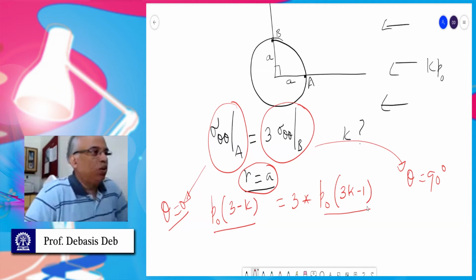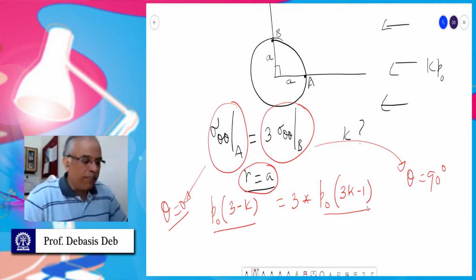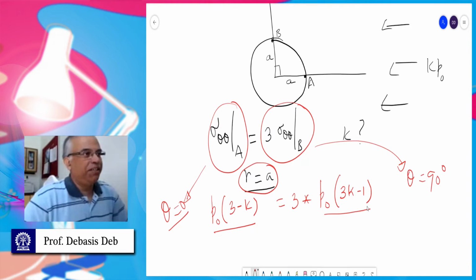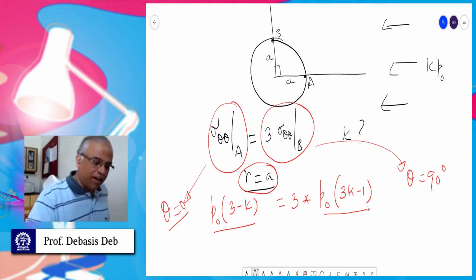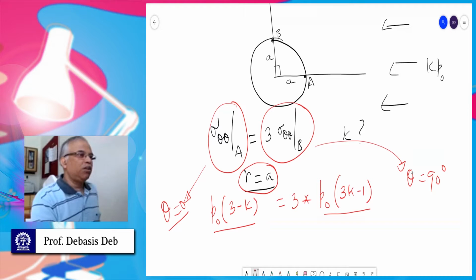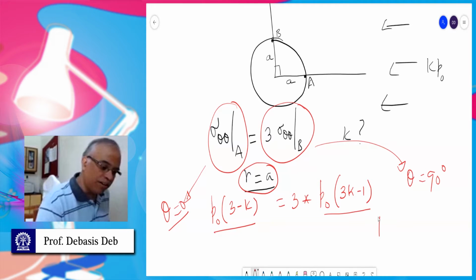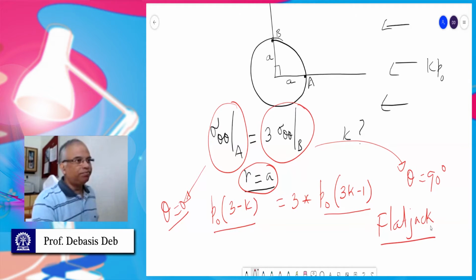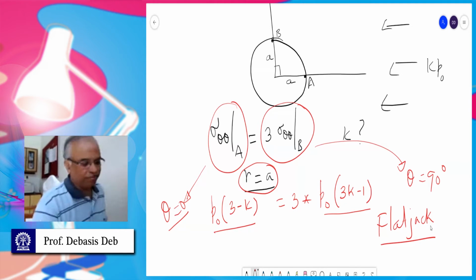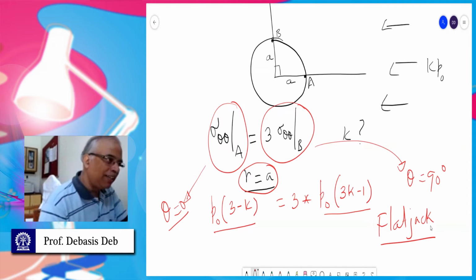Right at the boundary we normally measure the values. He has told you about a thing called flat jack. You heard of this? Yes, sir, very much. Flat jack method? Yes, sir. Okay. Now what is that flat jack?